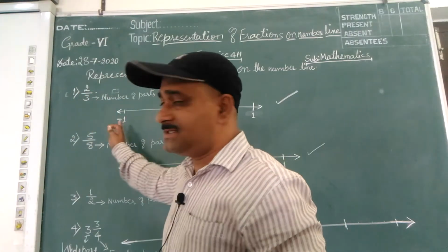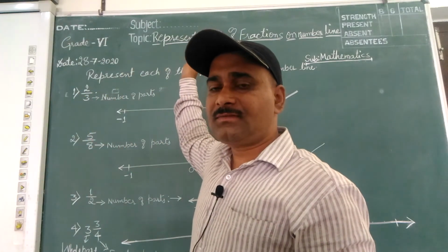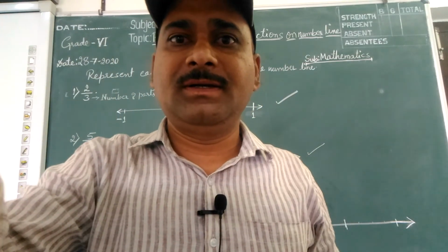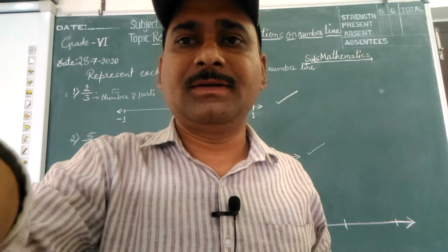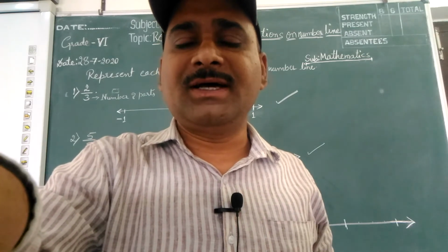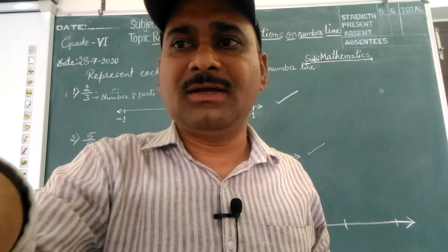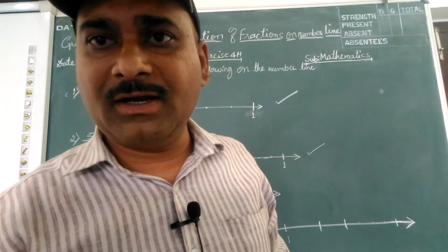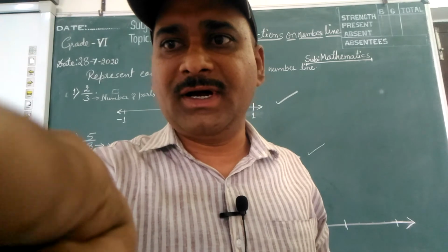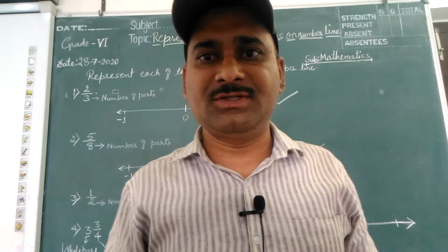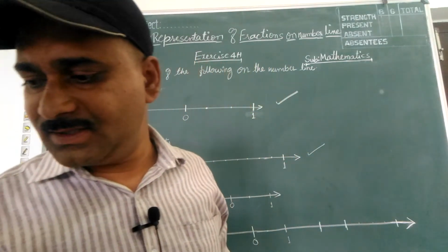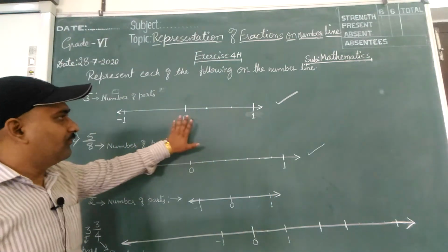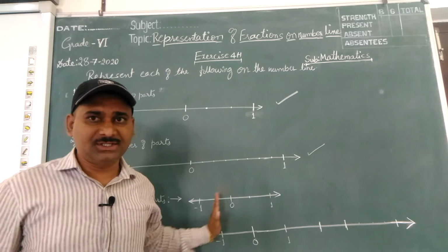The negative part is written just because they asked us to show the number line. That's why we are drawing the number line. In the number line you will find the negative part also. Right? Okay. Now, we are concentrating only on the positive side, right?